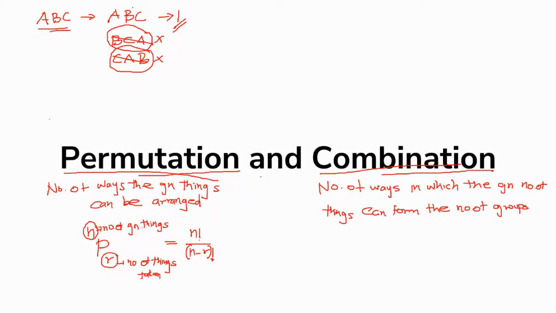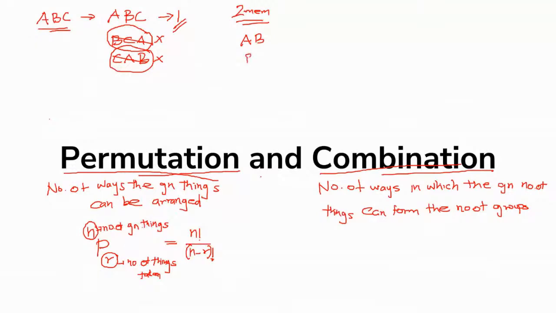So A, B, C: only one such group is possible. For the same three members, if I need to form a two-member group, how many such groups can be formed? It can be AB as a group. I can write BA, but BA is just an arrangement, not a group.